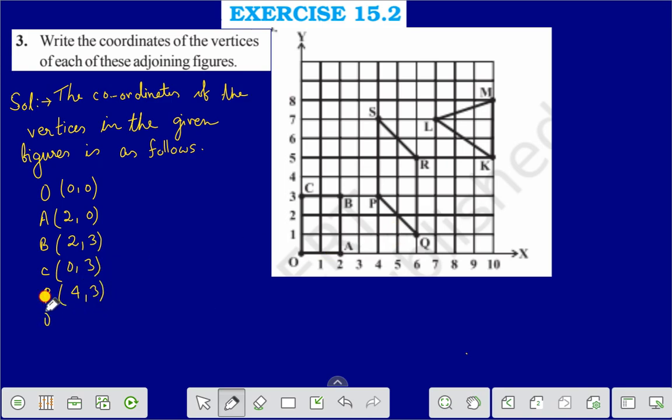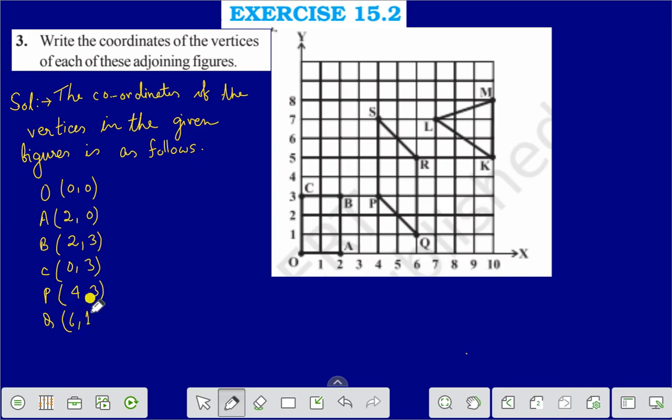Coordinates of Q. This is the Q point. The value of x is 6 and the value of y is 1. That is 6, 1.